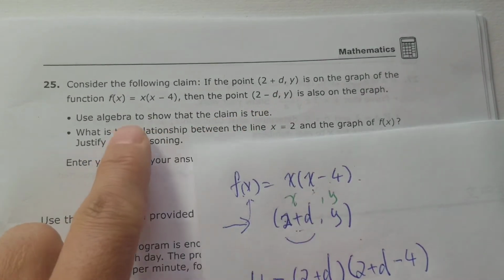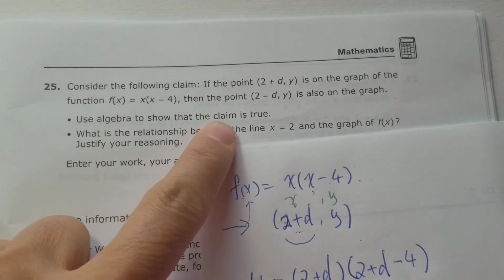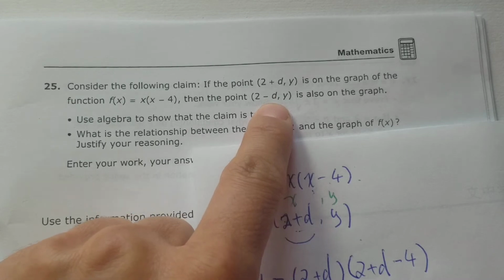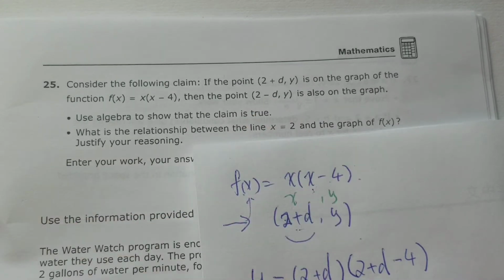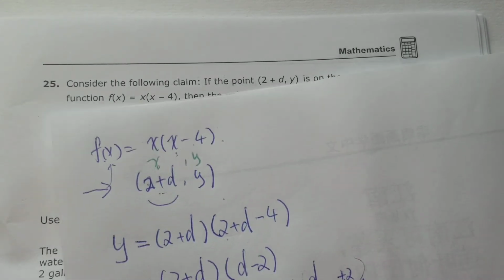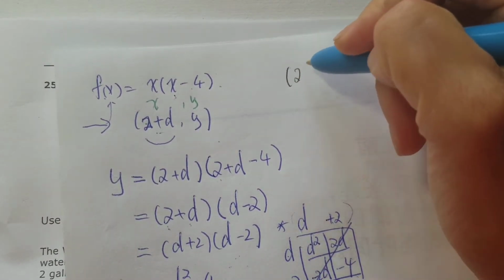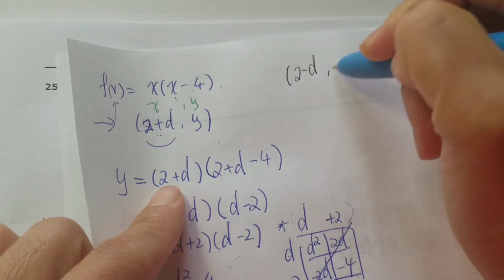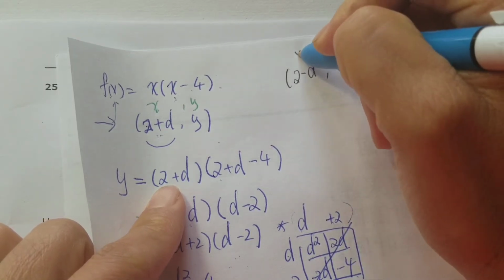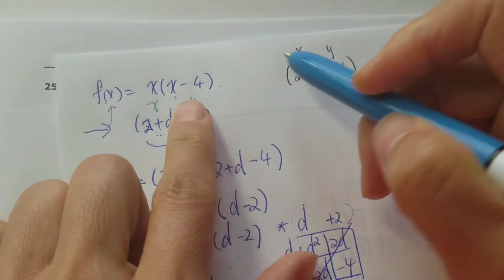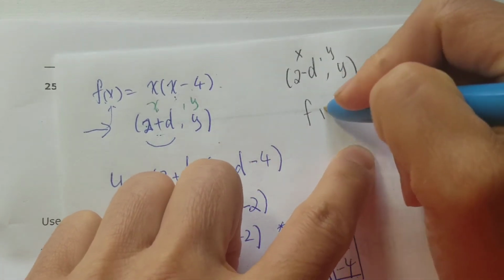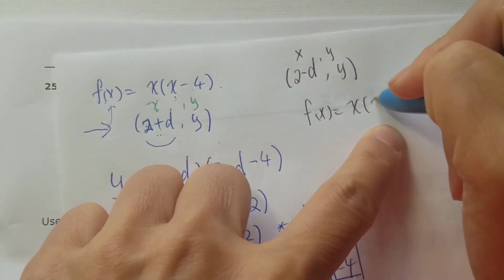Now the question asks you to prove this 2 minus d, as your x, is also on the graph. Let's see how we can apply it. The point is (2 minus d, y). Remember, this is your x, this is your y, and that's the given function.